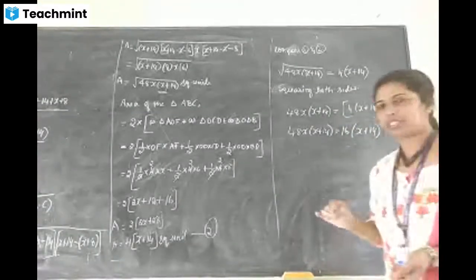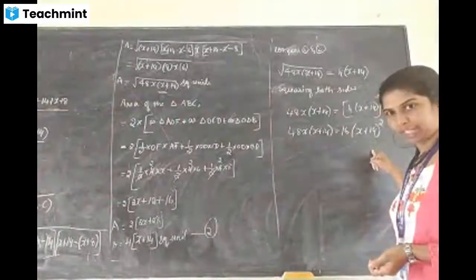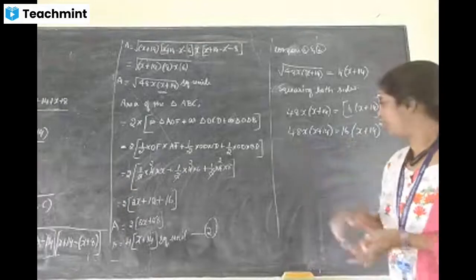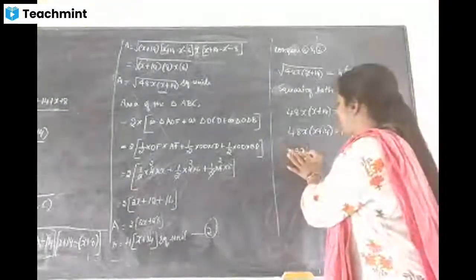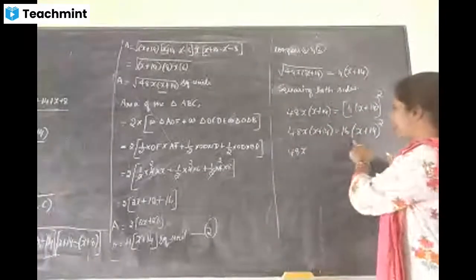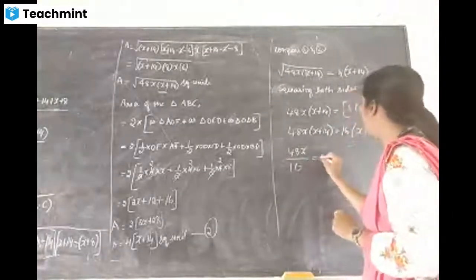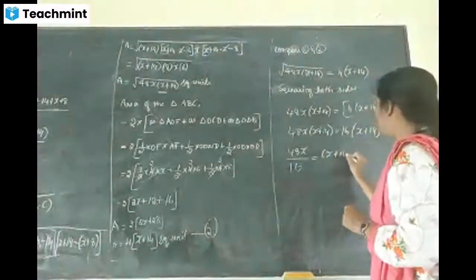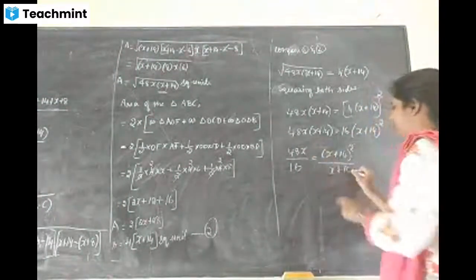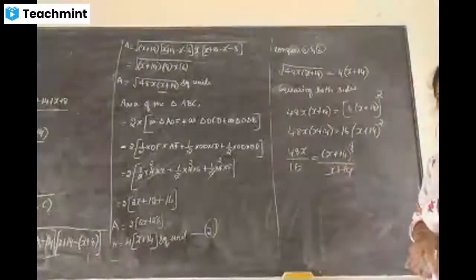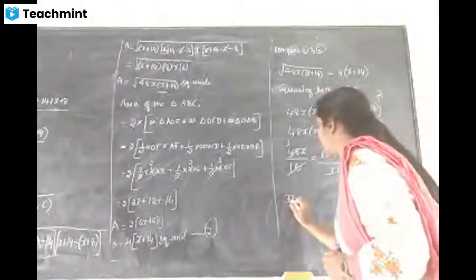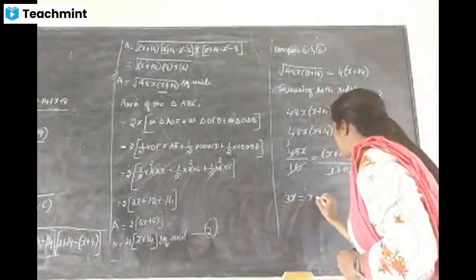I will bring this 16 here, so 48 divided by 16 comes down. Here x plus 14 whole square divided by this x plus 14. See, one x plus 14 and one x plus 14 are getting cancelled. 16 ones are 16, 16 threes are 48. So I'm getting 3x equal to x plus 14.